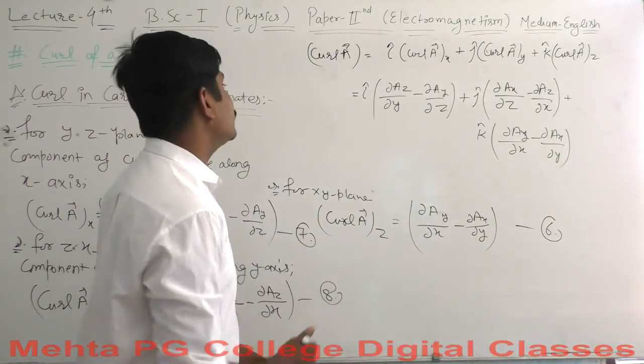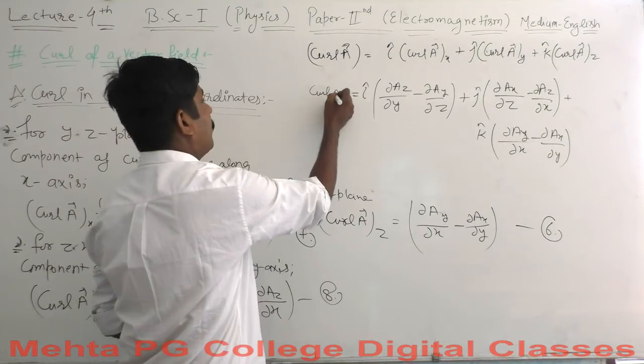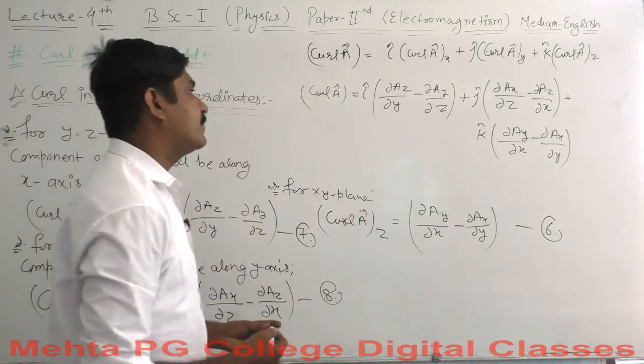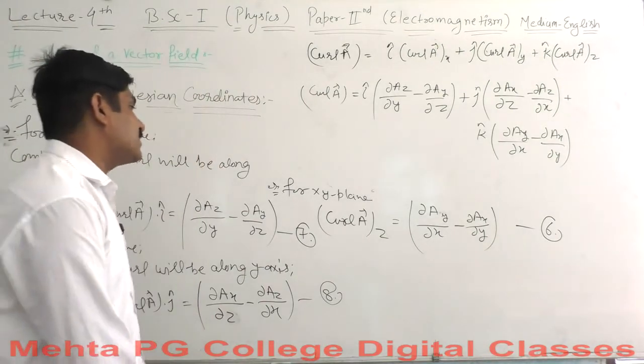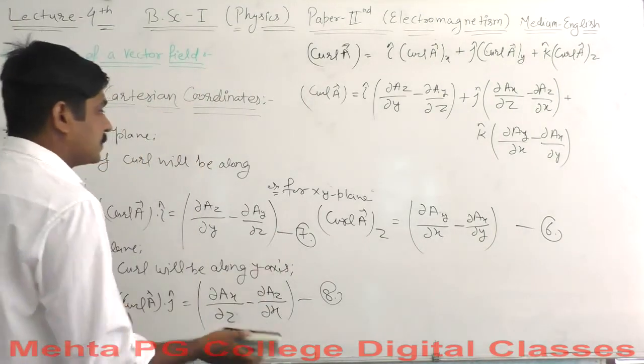So this is the equation for curl of vector A. If you see this equation, you have made this equation for 12th class, your matrix calculation.